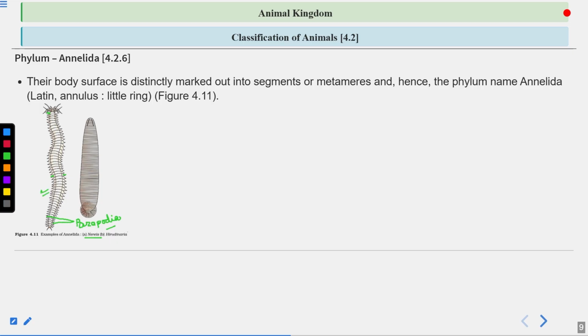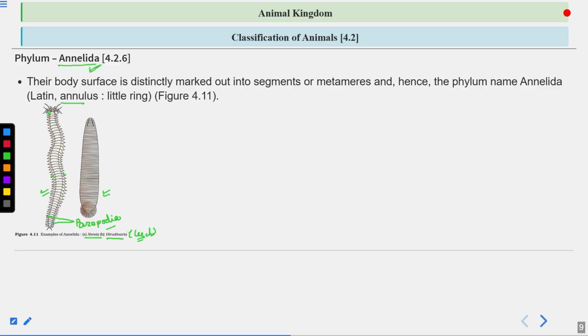And the second one, Hirudinaria, that is commonly called leech. Now they also have, you can see, a number of ring-like structures, that is annulus. And now you remember why this is Annelida.